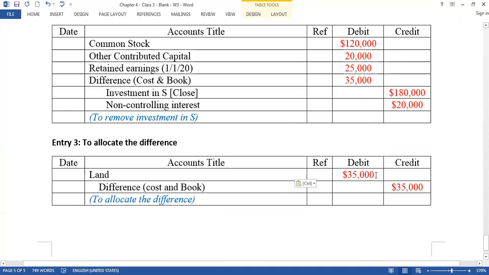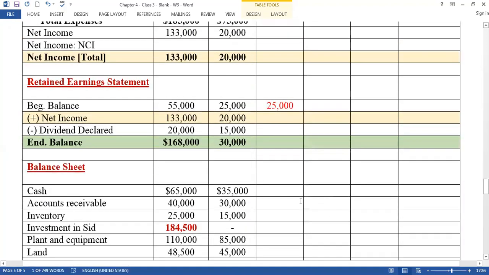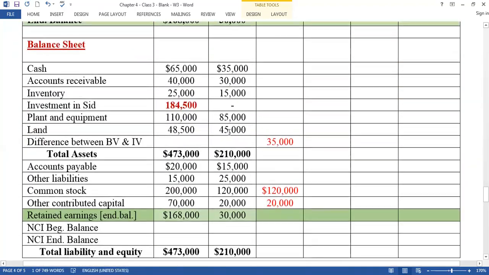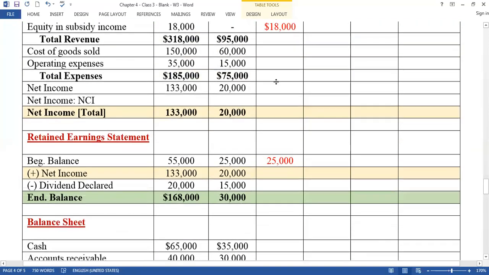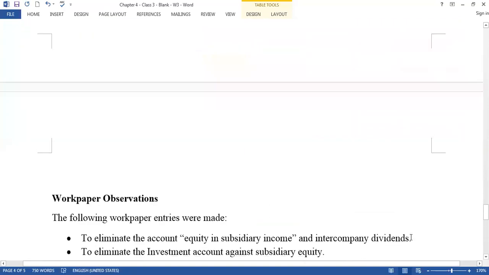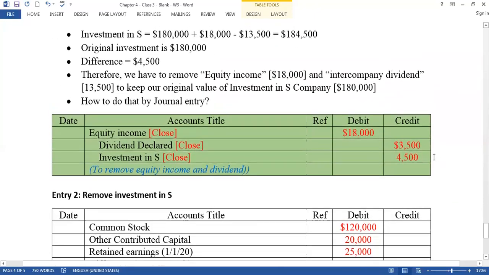We have $35,000 debit land, right? So we have a land account already here. This is land, $35,000 land. So we write all debits in the debit side. Now who are the credits? Dividend declared, sorry, 13,500 here.